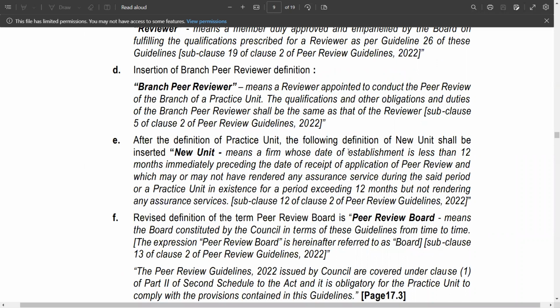One is a firm which has been established for less than 12 months, which means it has not yet completed 12 months since establishment. And the other is a unit which is established for a period of more than 12 months, but it has not rendered any assurance services during the set period, for a practicing unit in existence for a period exceeding 12 months but not rendering any assurance services.